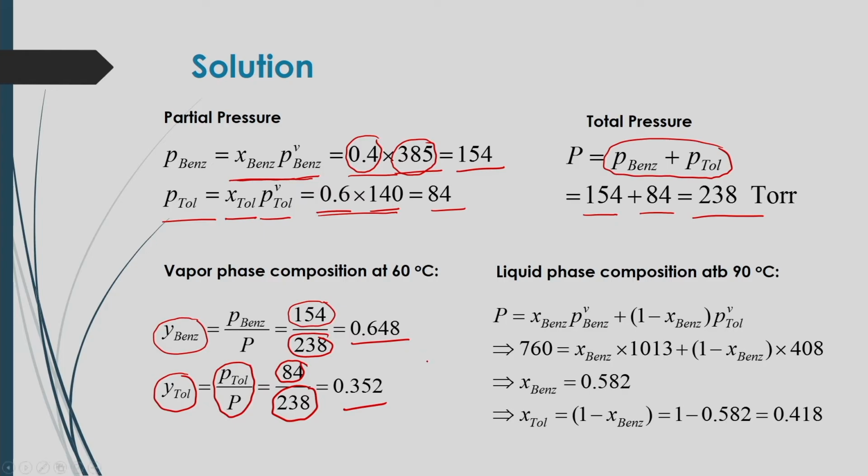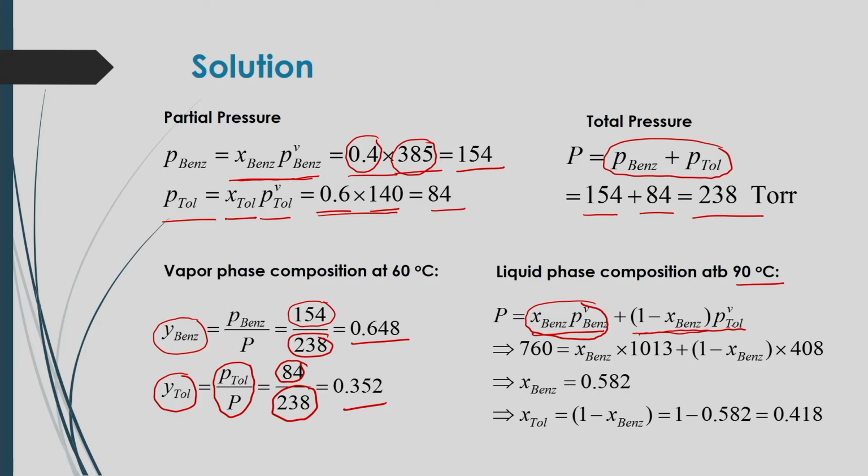Now, the next problem is that you have to find the liquid phase composition at 90 degree Celsius. In this case again you have to calculate the total pressure at 90 degree Celsius. Again the total pressure will be equal to the partial pressure of benzene plus the partial pressure of toluene. The partial pressure of benzene as per Raoult's law can be expressed as X benzene into vapor pressure of benzene.